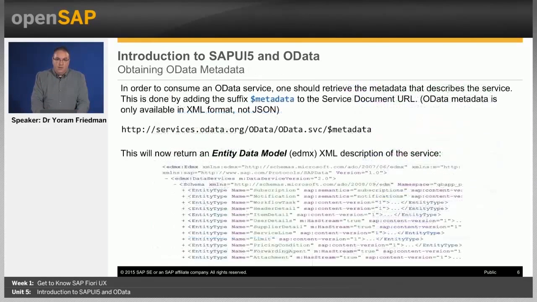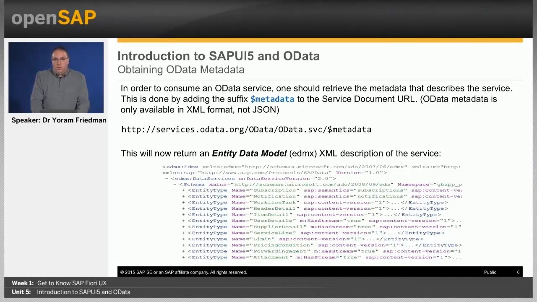As I mentioned, one of the important things that we have in OData is the ability to ask the service what it can provide me. Actually, to understand the contract that I'm going to create between two systems, or between the UI and the backend system. This is what we call the metadata of the service. So when I create a request for information and I add the metadata parameter, I'm going to get back something that we call an entity data model, or EDMX file.